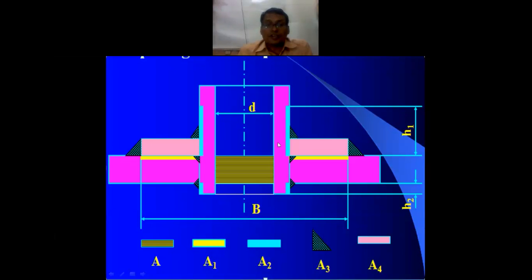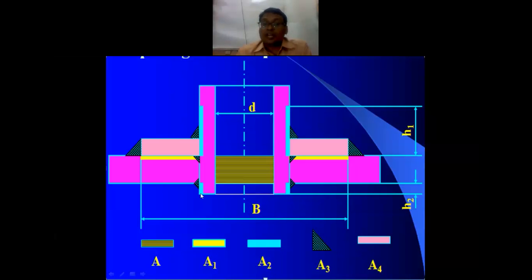Now in this figure, there are different areas shown, and you simply have to understand these areas. A is the actual hole, that area is there.